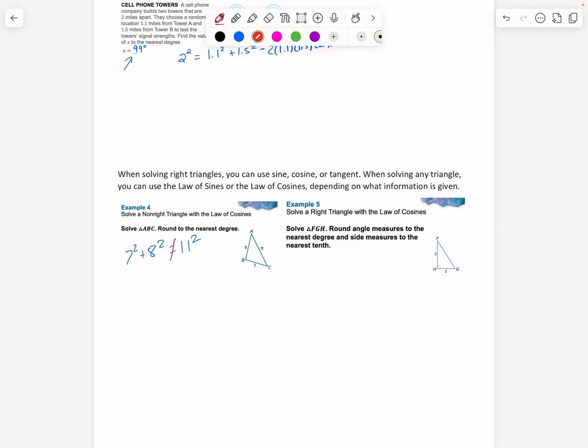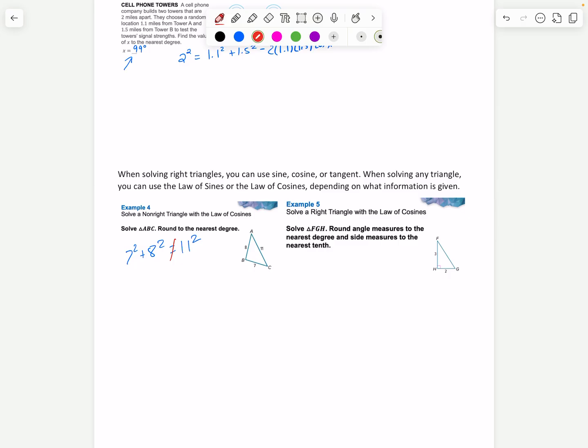So I know this is not a right triangle. All right, so we decide which angle measures we want to find, then we use the law of cosines. So this first one says solve a non-right triangle with the law of cosines, which kind of makes sense. But basically that means we got to find our 3 angles, right?